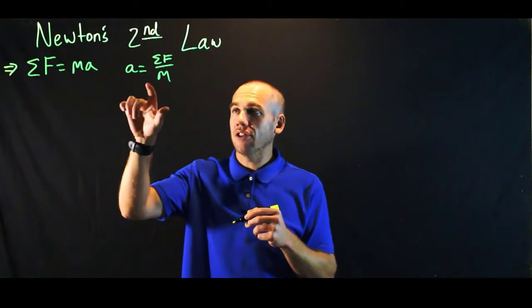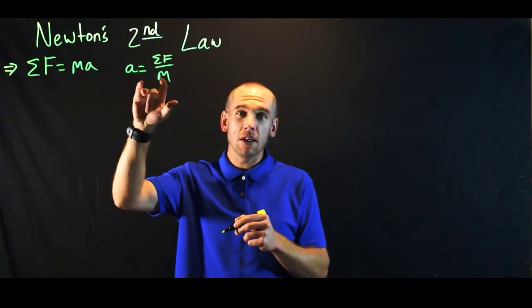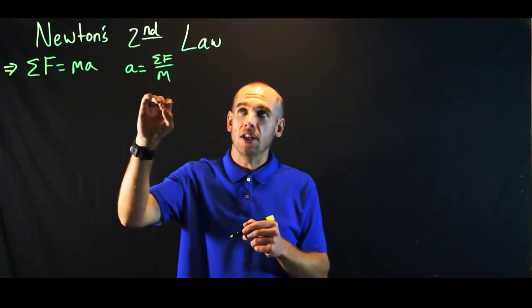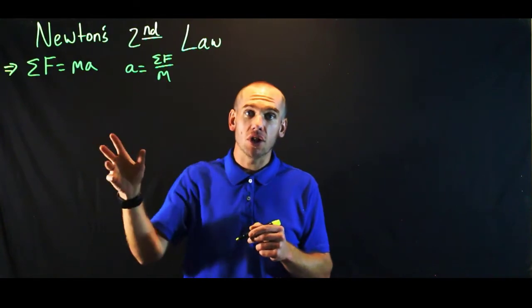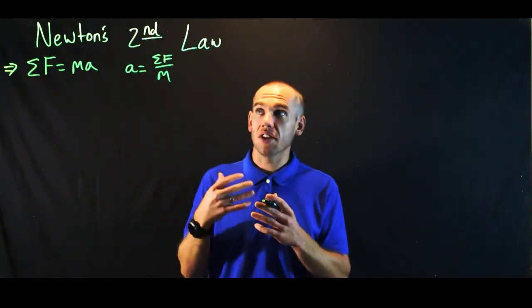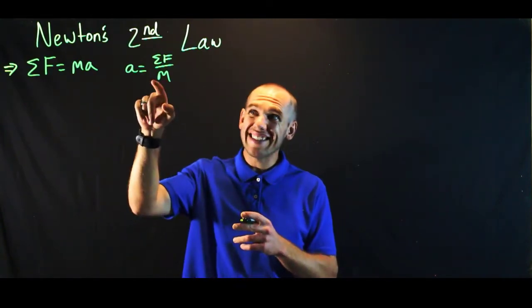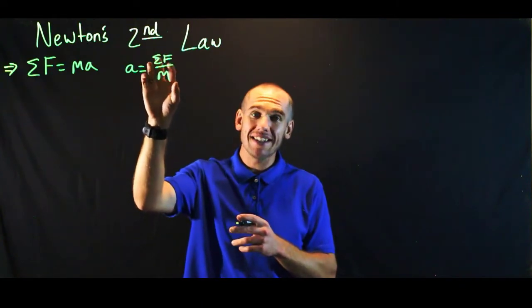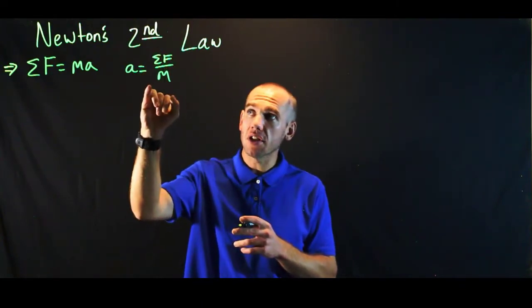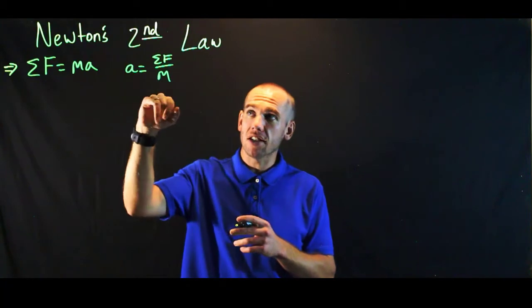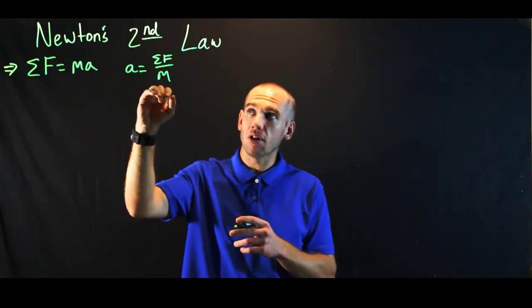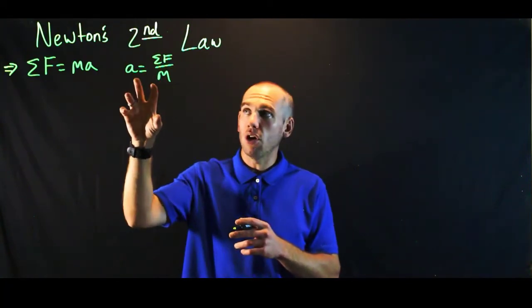Now this law actually kind of makes a little bit of sense when we think about what mass actually is. Remember, mass measures inertia, and inertia is the tendency of an object to resist acceleration. And so we can see in this equation, if the mass is increasing for a given force, the acceleration will go down, right? As the bottom of that fraction gets bigger, the whole thing goes smaller.